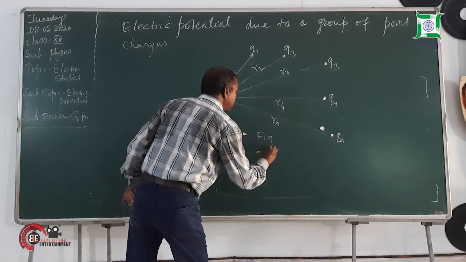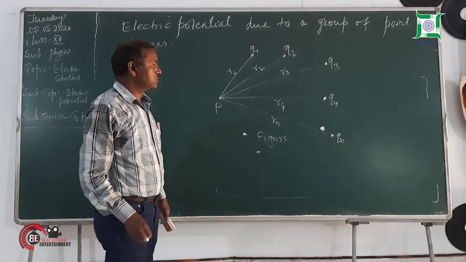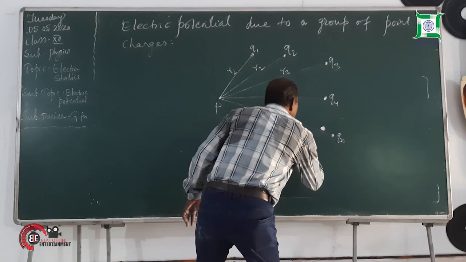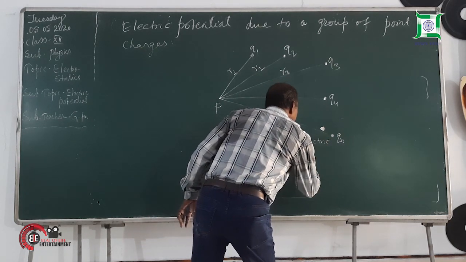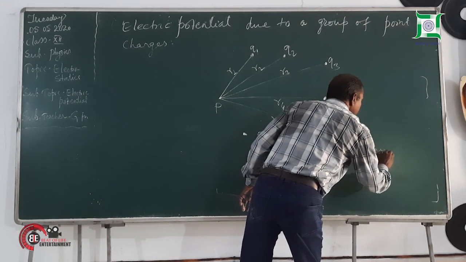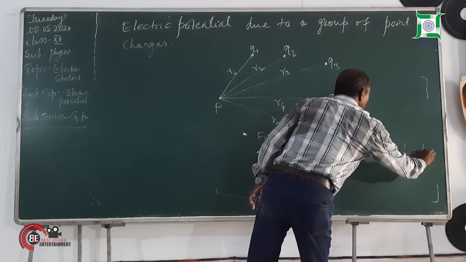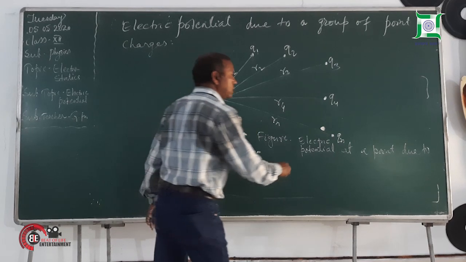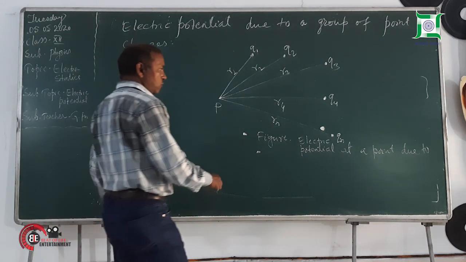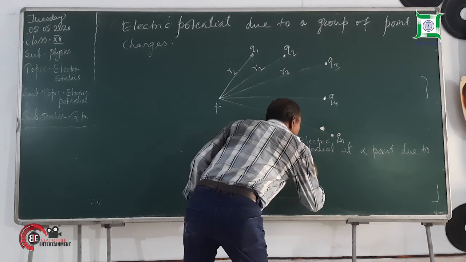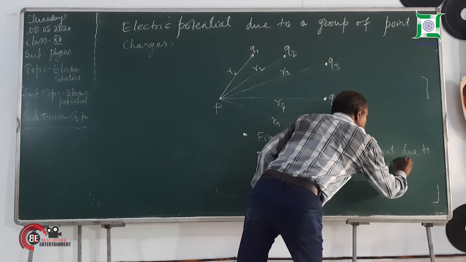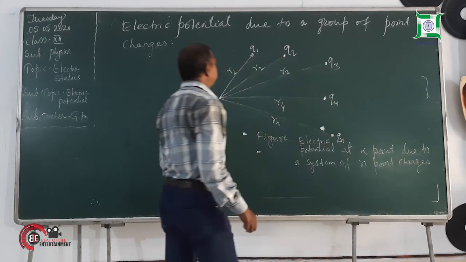Even we can name the figure: electric potential at a point due to a system of n point charges.